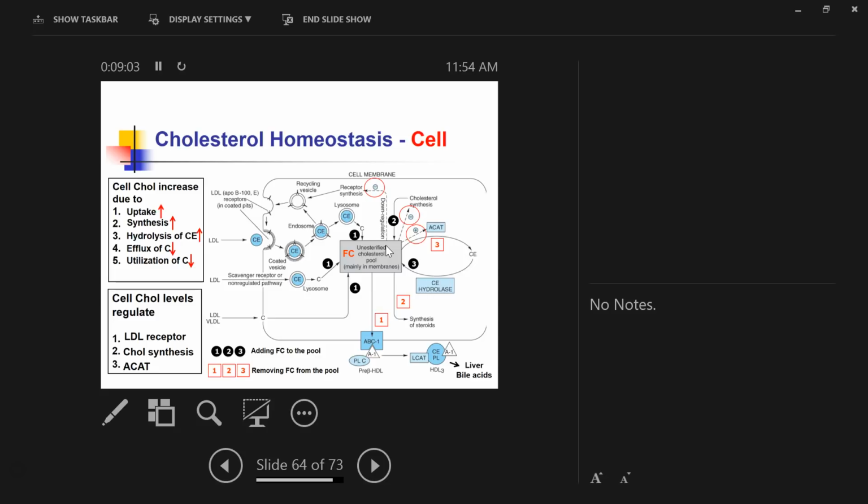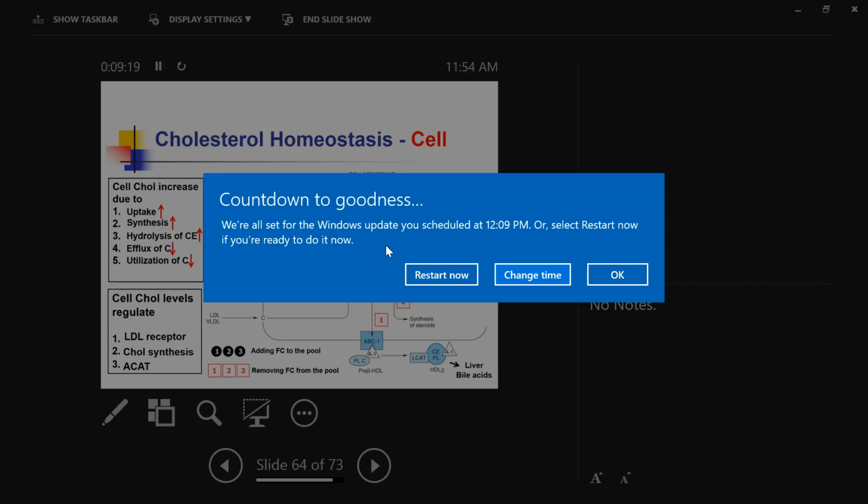Any other questions? No? Okay. So yeah, I'll try to remember to prepare some more questions about the lipoprotein, right?